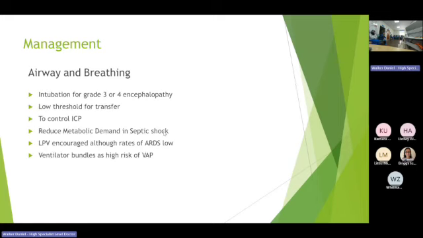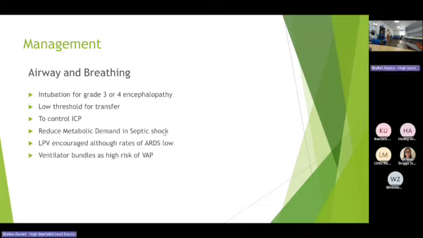To go through systems, we might have to intubate for various reasons. Grade 3 or grade 4 encephalopathy is the standard indication that everyone knows. Low threshold for transfer, depends where you're going. Control of ICP is another reason. So obviously to get best oxygenation and control of CO2.